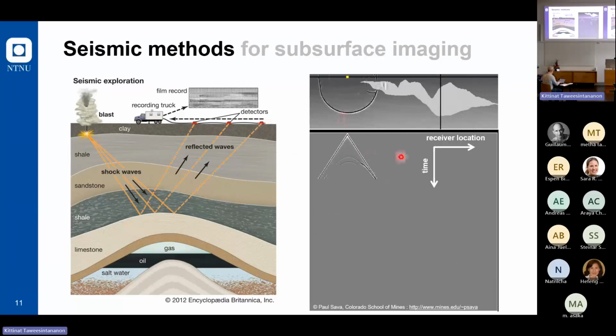And the right panel shows some animation where you try to simulate what happened in the field. You propagate the wave, and the bottom panel is the seismic profile, or recording profile, that the surface receiver can show on the computer screen. The vertical axis is the time axis.